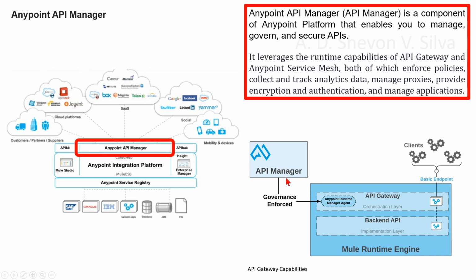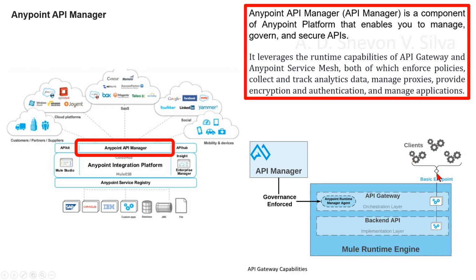Here you can see API Manager is connected to the Anypoint Runtime Manager agent. Governance enforcement is passed from API Manager to the Anypoint Runtime Manager agent. In the Mule runtime engine, you can see the API gateway is there, and backend APIs here, and you can see the orchestration layer and implementation layer.